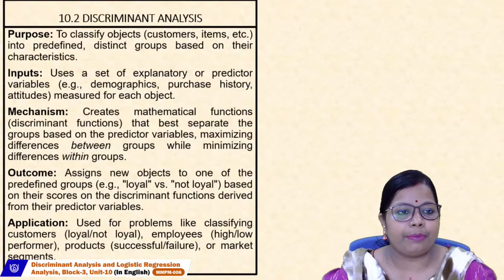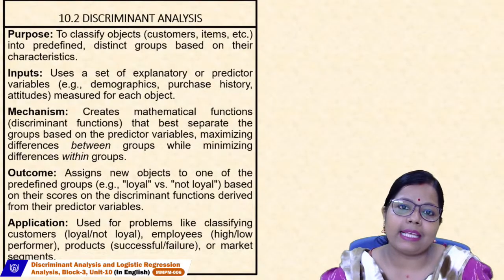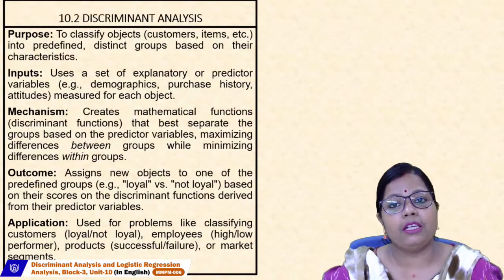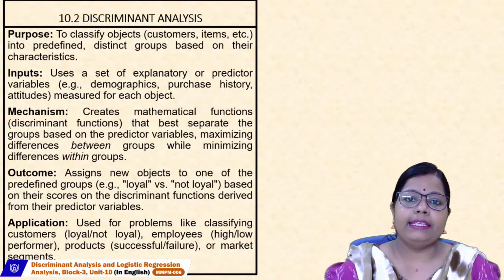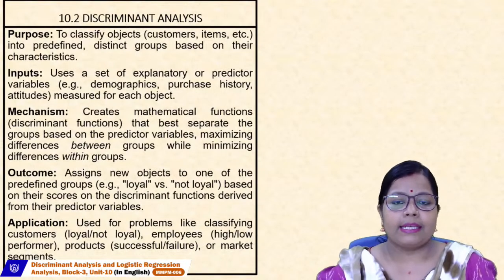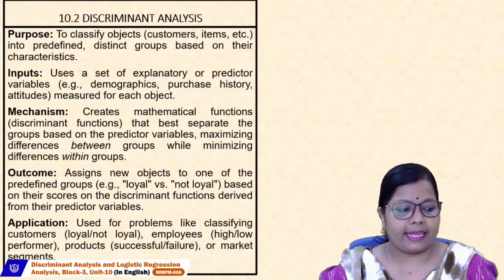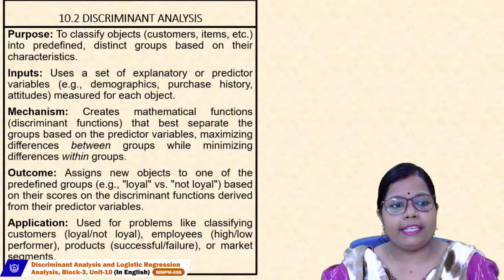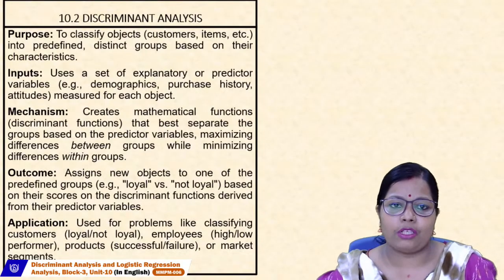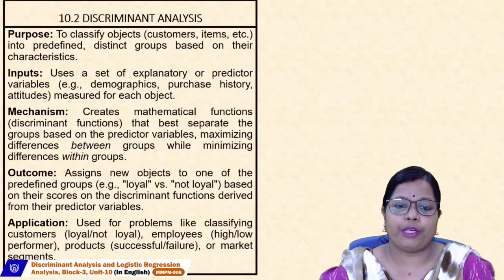Suppose I have 10 persons inside the users, and I find some differences between these 10 people, then it is called within-group differences. Talking about between-group differences, it means the differences between these two different groups, user and non-user. If I find some characteristics that are different between them, it is called between-group differences.